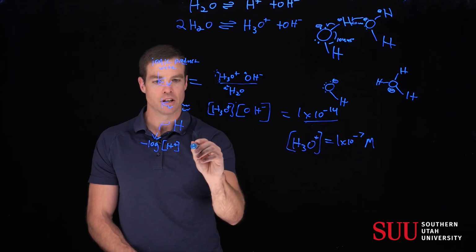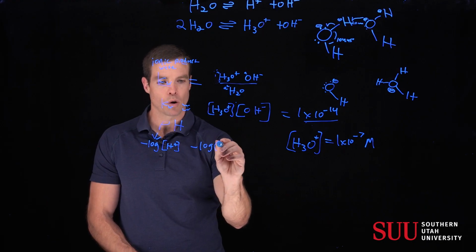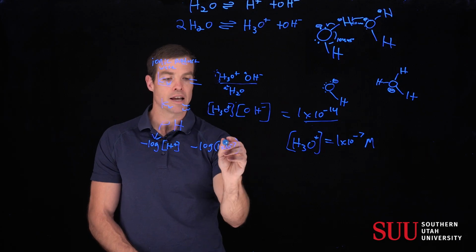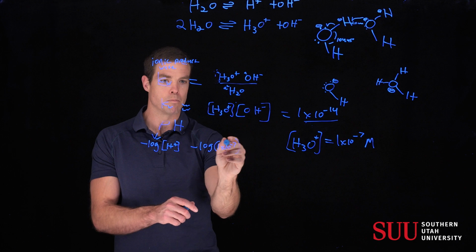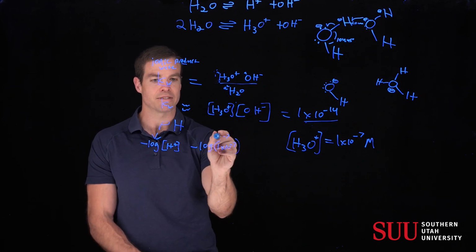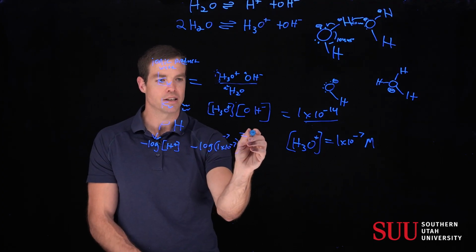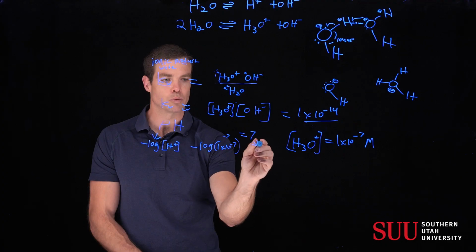So let's do this: negative log of 1 times 10 to the negative 7. And because it's a log, you just move that number and you get negative 7. And negative 7 times the negative 1 is going to give you 7. So therefore, 7 is what the pH is.